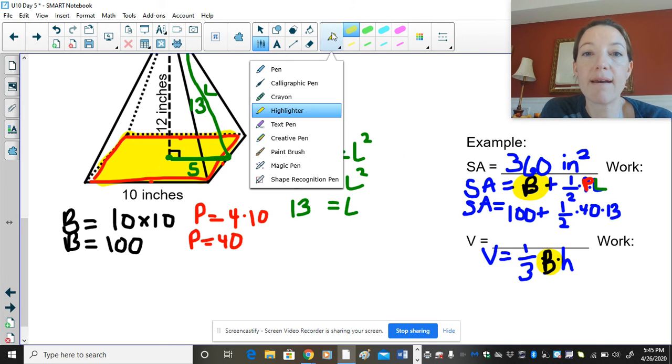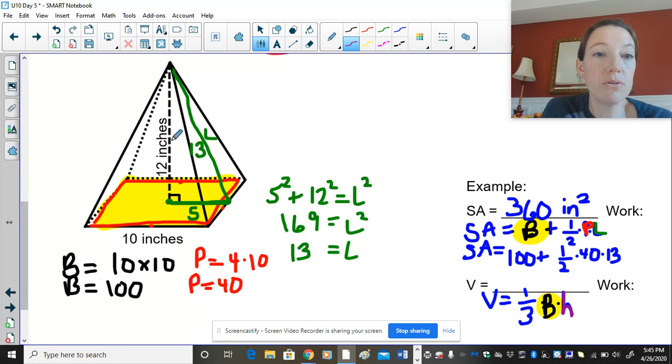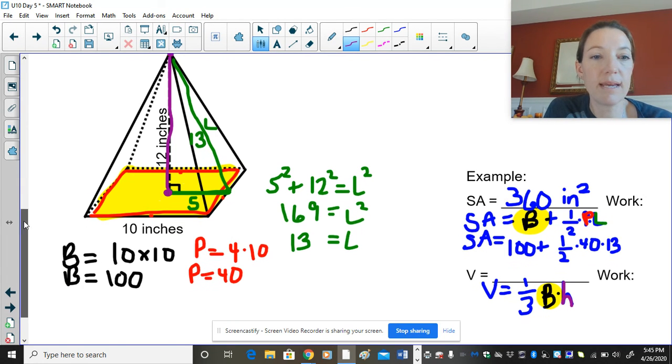I need a different color here. I'll use purple. Do we have H, the height of the pyramid? We do have that. That's what we started off with. That's the height from the middle of the base straight up to the top of the pyramid. That is our height. Okay, nice.